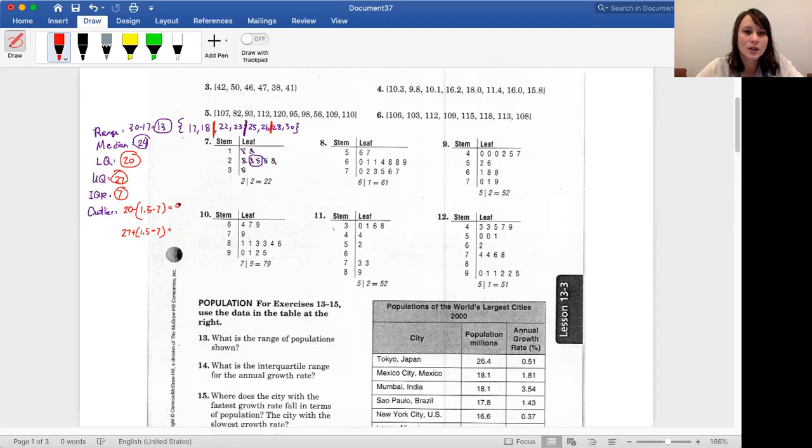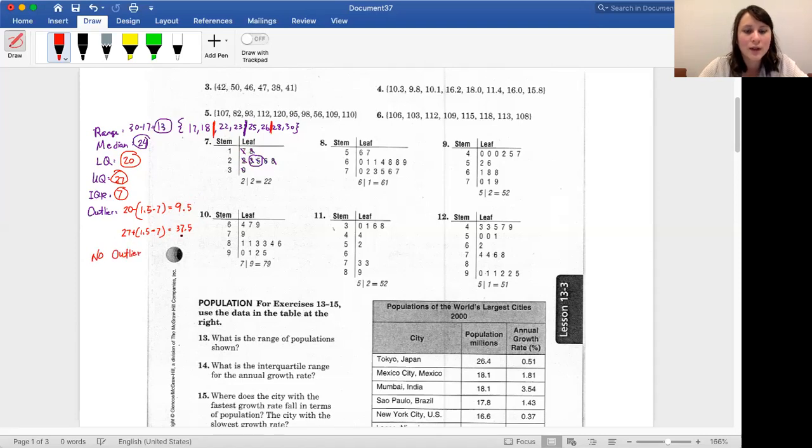And so the lower bound is 9.5, and then the upper bound is 37.5. So looking at your information, do you have an outlier? Is there any number that jumps out that doesn't fit in the norm of your range of numbers? No, there isn't. So we're going to say no outlier.